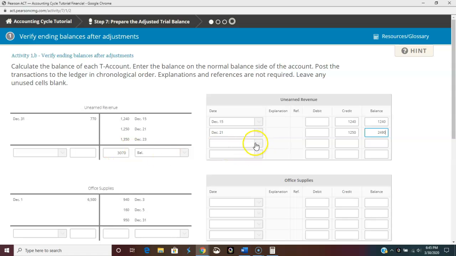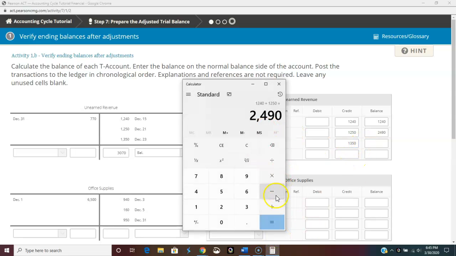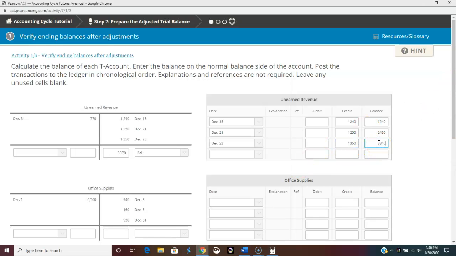And then on the 23rd, we're going to add $1350 to that, which equals $3840. And then on the 31st, our adjusting entry would be $770. Apparently it was earned, so the balance is $3070.